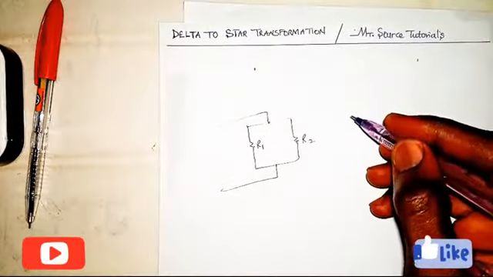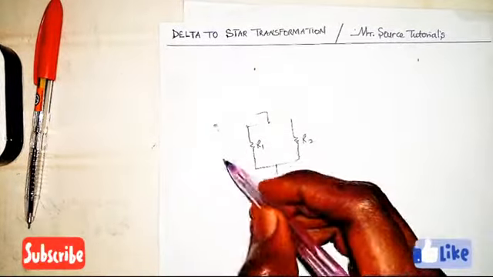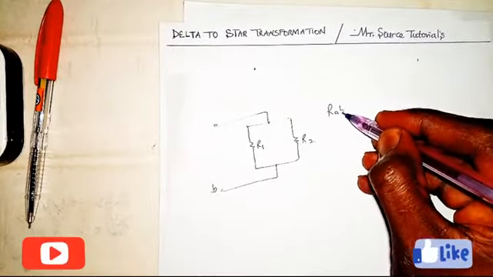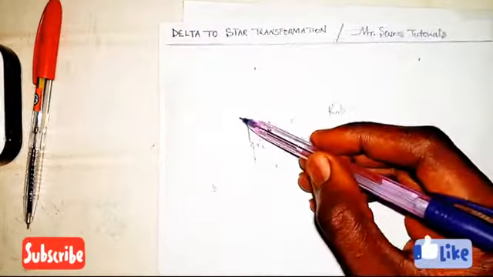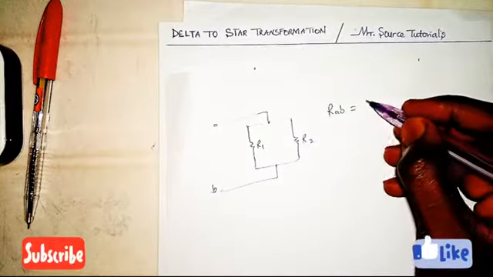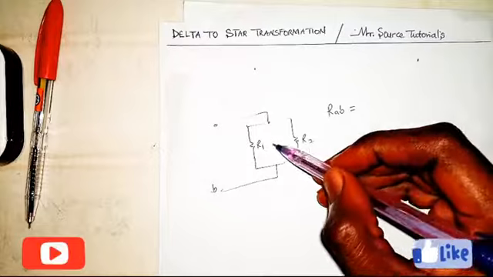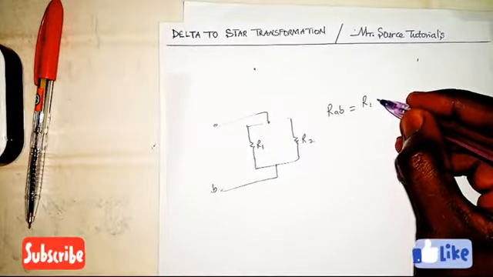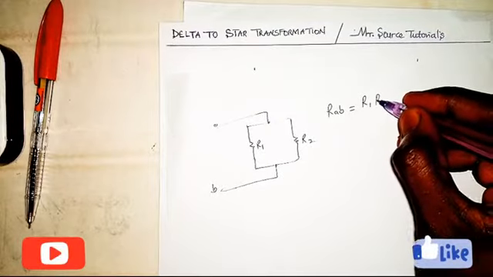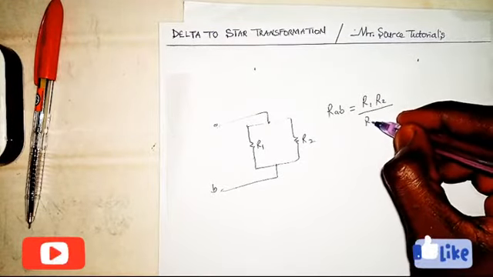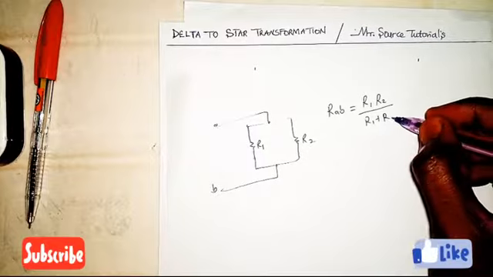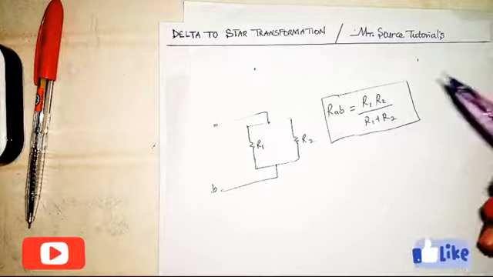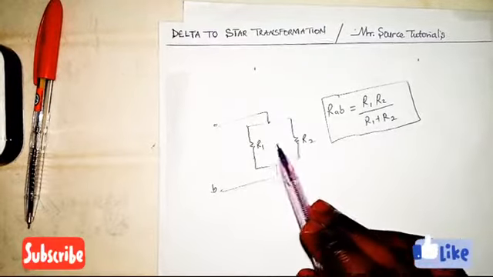So for us to find the total resistance at terminal AB, our total resistance RAB, because this is connected head to head, which is a parallel connection, will be given as R1 R2 divided by R1 plus R2. Now we have specified that these resistances are connected in parallel.